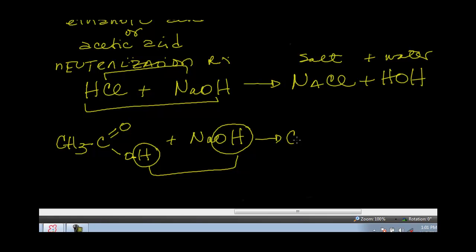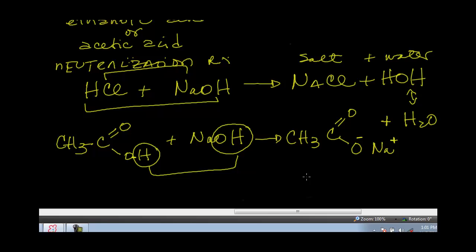I have left this CH3, C double bond O, single bond O minus with an Na plus, and my water. I can write water as HOH or as H2O, it's the same thing. These two things are identical. We know that.